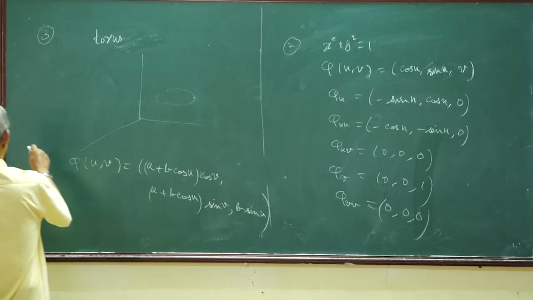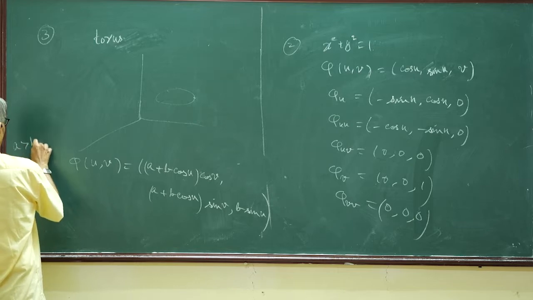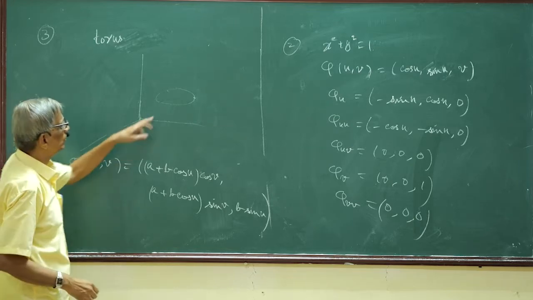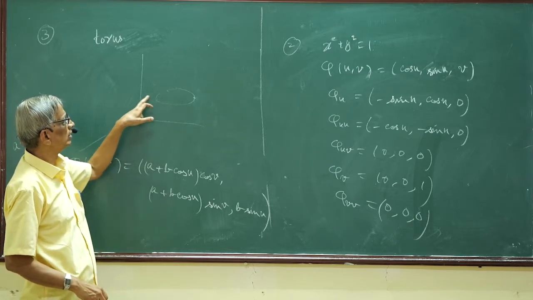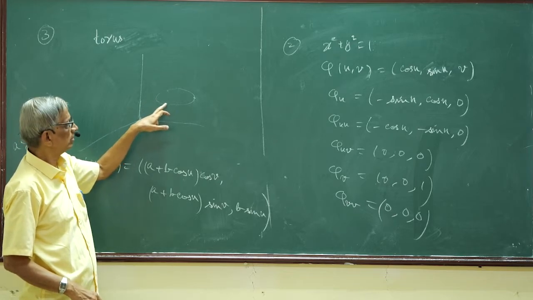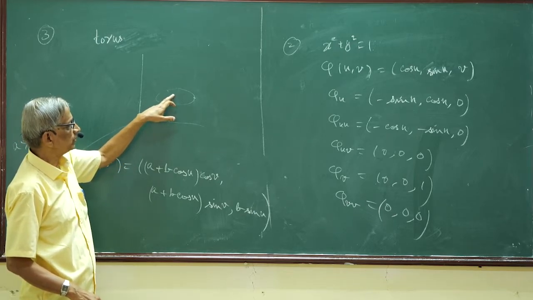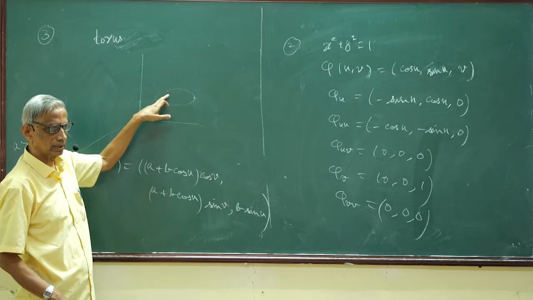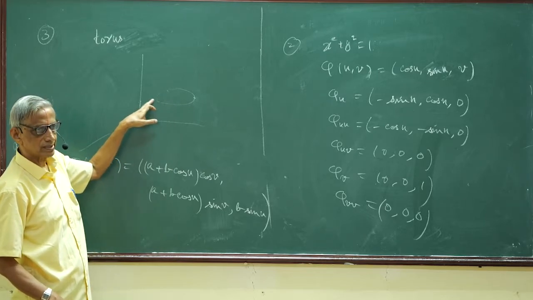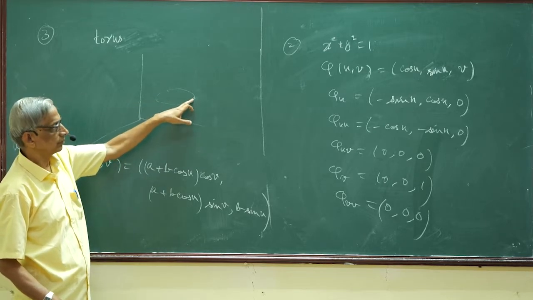Here a > b > 0. So if b is the radius of the circle that you take, and a is the distance here.